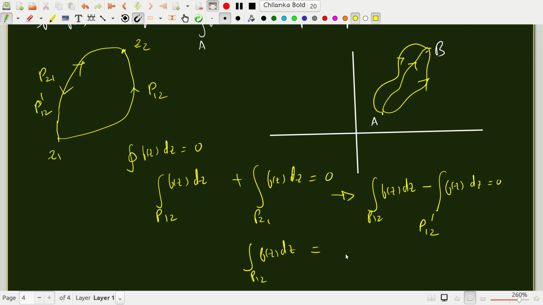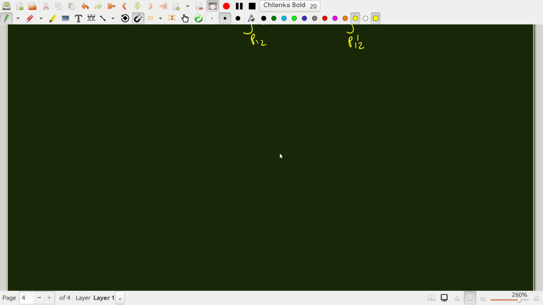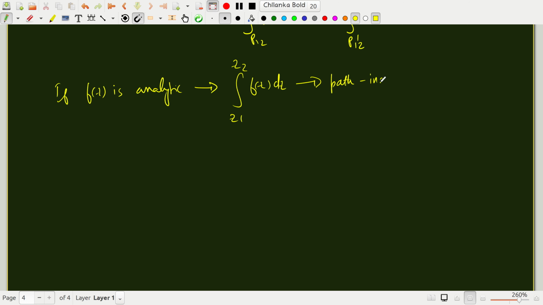So integral f of z dz over p12 is nothing but integral f of z dz over p12 prime. So if the function is analytic, it is path independent. If f of z is analytic, integral f of z dz between any 2 points z1 and z2 is path independent.